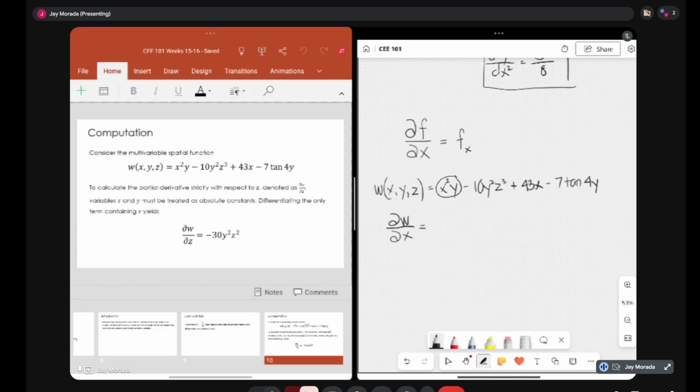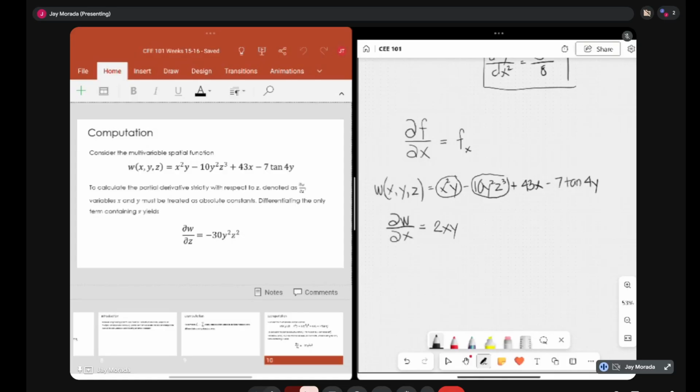We have x squared y. Since we have to treat y as constant, we only have to analyze the x squared term. So that will become 2xy. As you can see, the derivative of x squared is 2x. And since y is a constant, we have to leave it out of the differentiation. Next, the next term doesn't have an x variable.